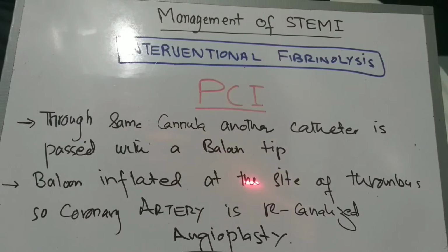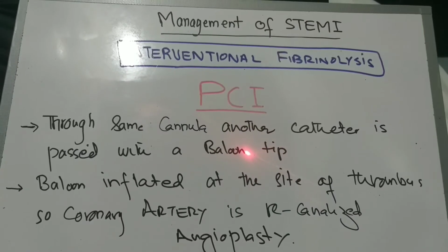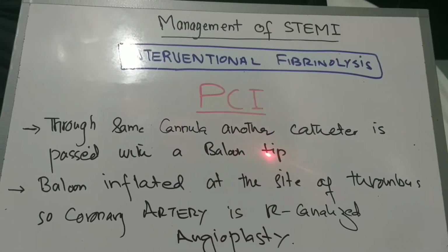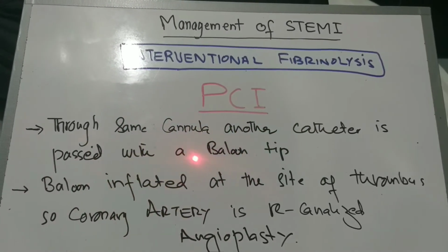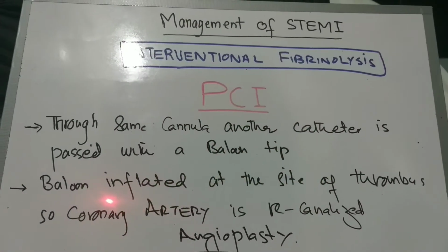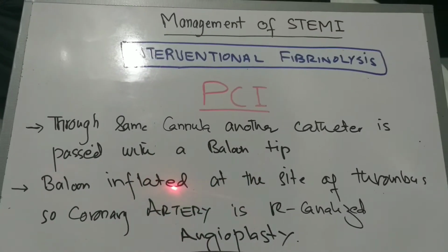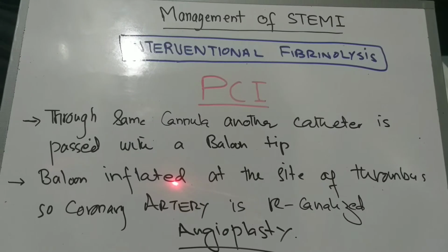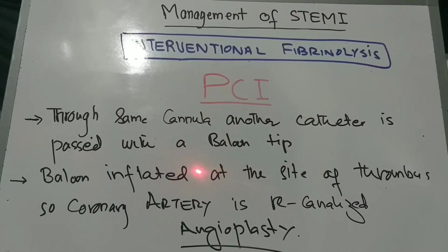So once angiography has been performed and the location of the thrombus in any particular coronary artery has been defined, then through the same cannula another catheter is passed with a balloon tip, and once fluoroscopically guided that catheter reaches near the coronary artery where the thrombus was present, then the balloon on the tip of that catheter is inflated, and in this way that thrombus is initially broken down, and there is a suction method through which the broken pieces of the thrombus are sucked into the catheter and taken out of the body.